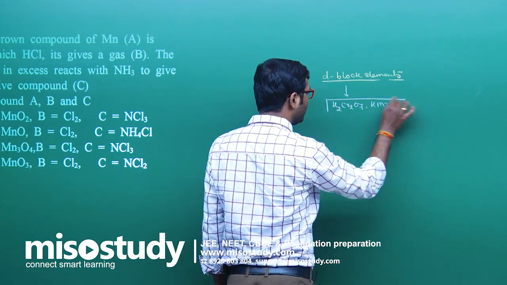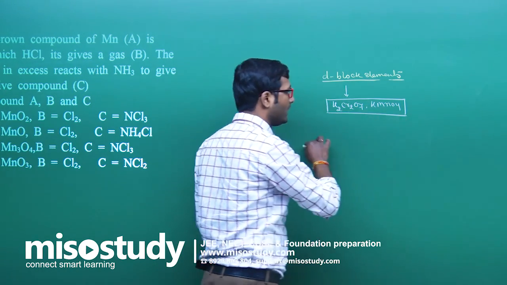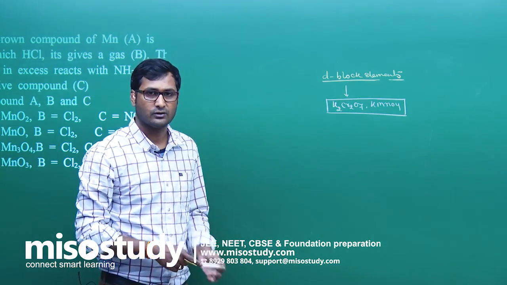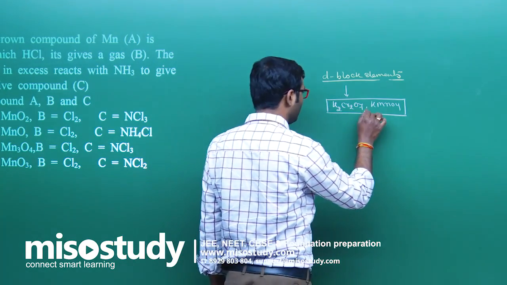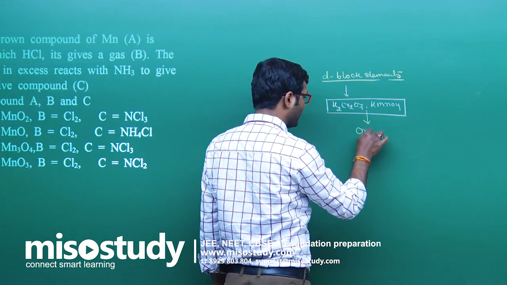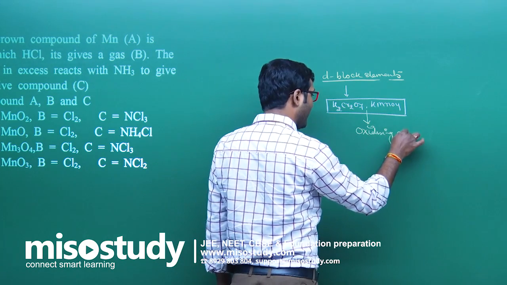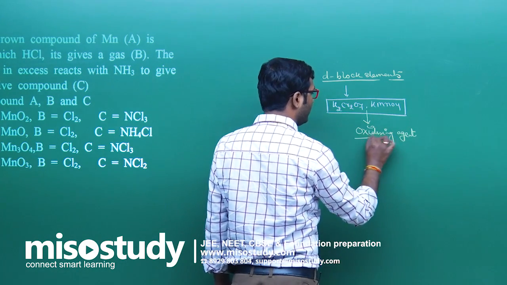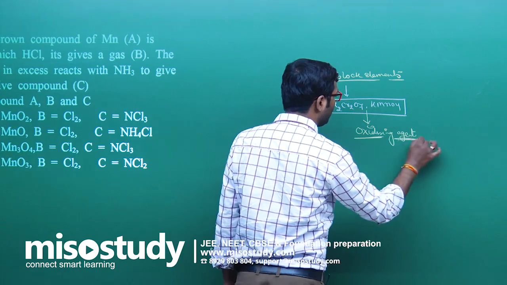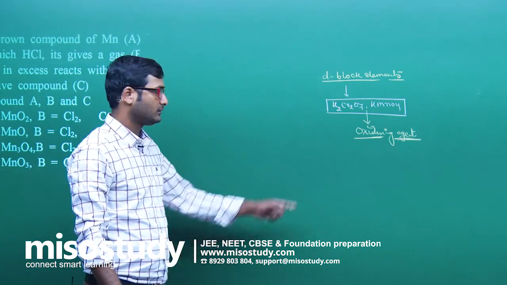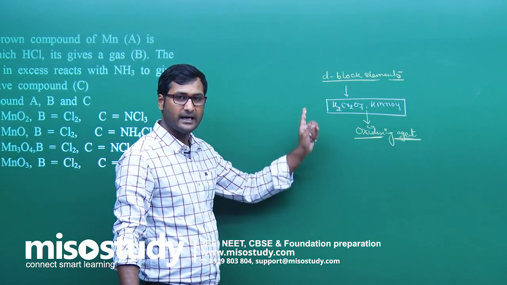All the properties, all the methods of preparation, everything related to K2Cr2O7 and KMnO4, you have to focus on, because they act as strong oxidizing agents and are very important inorganic compounds.